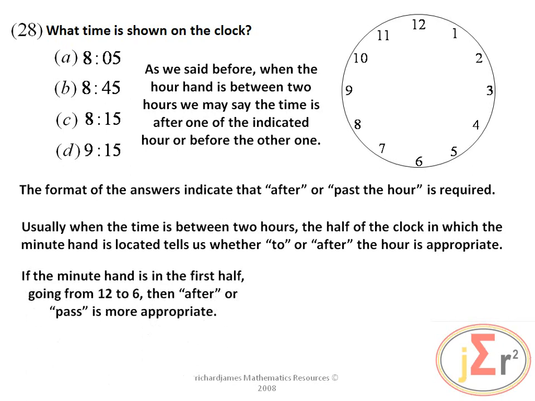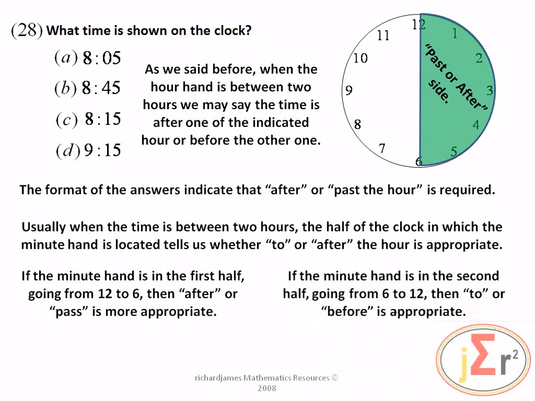If the minute hand is in the first half going from 12 to 6, then after or past the hour is more appropriate. So that half is past or after. That is the side of the clock in which, if the minute hand is located, we say that it is after the hour.